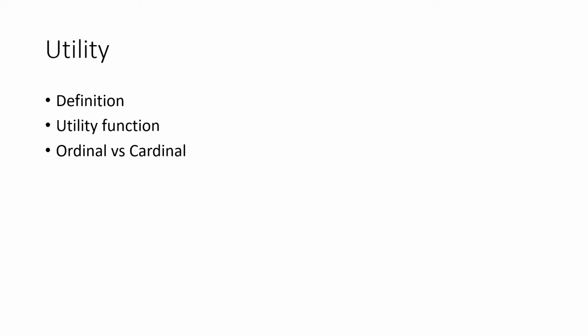Based on those properties, we derive our indifference curve, which tells us about a curve on which the utility is constant. But we didn't discuss what utility is. So we need to understand utility.